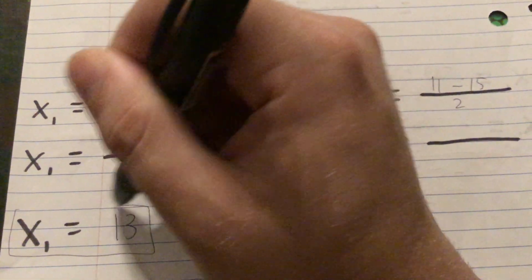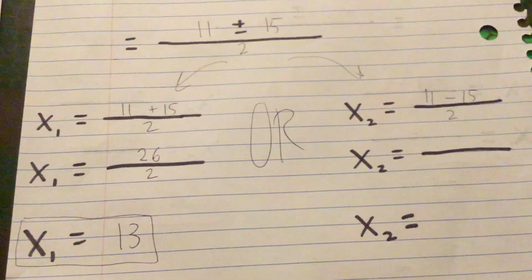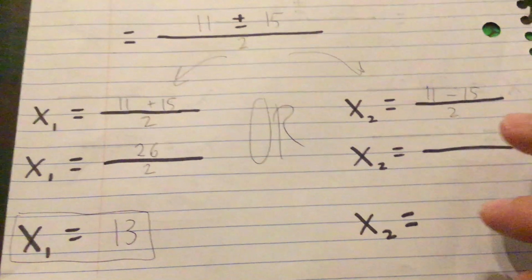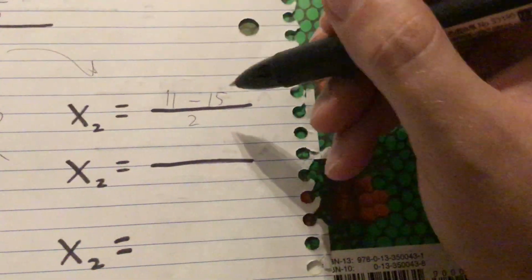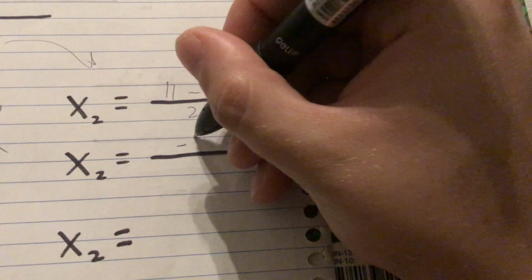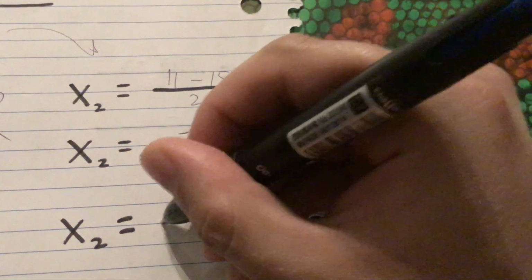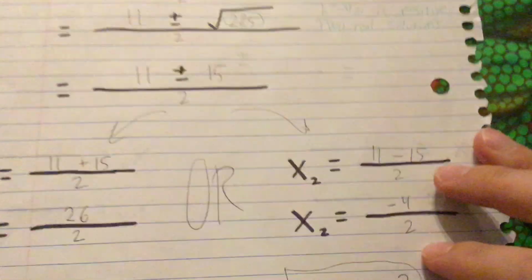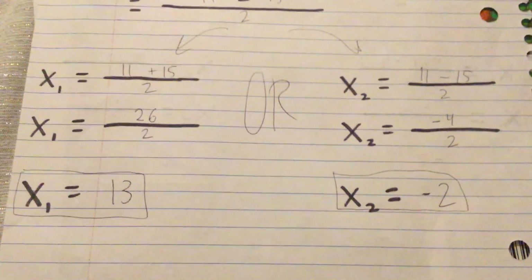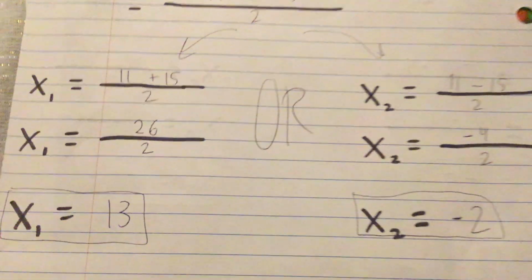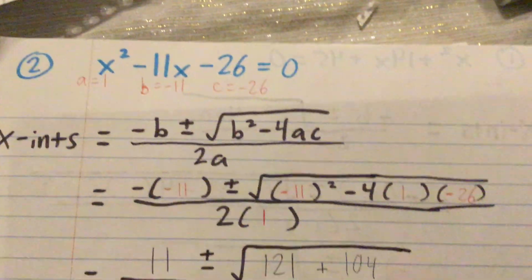So one of the solutions is that x is equal to 13. Let's figure out what the other one is. 11 minus 15, that'd be negative 4. And negative 4 divided by 2 would be negative 2. So your two solutions, just like how we did it with factoring, are x equals 13 or x equals negative 2. Thank you, quadratic formula.